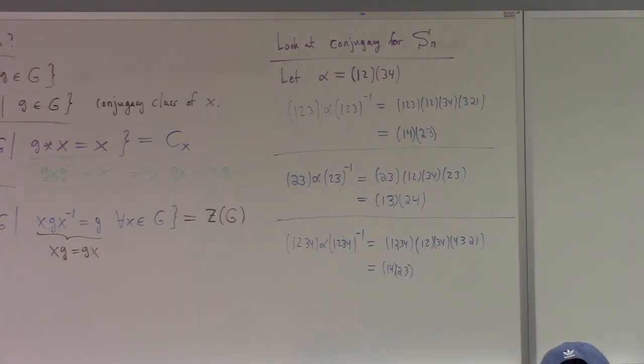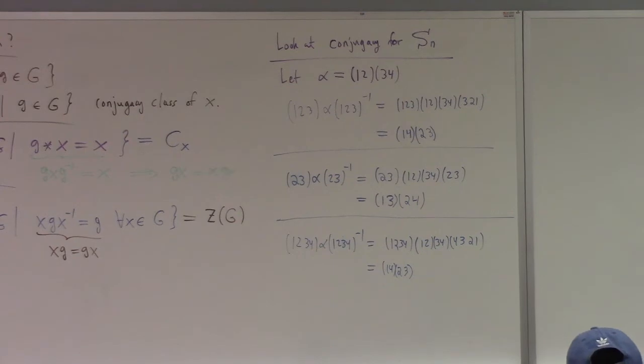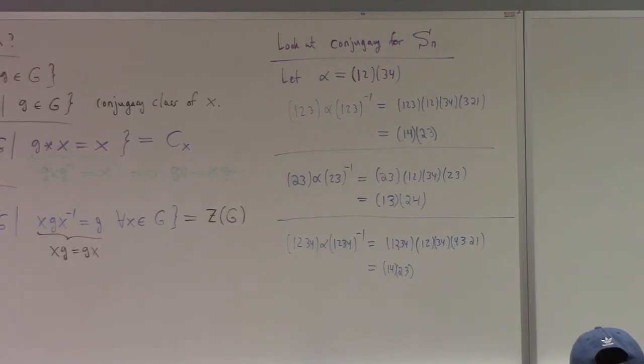Now, the reason I knew that's what was going to happen is there starts to be a pattern here. When we conjugate a cycle, what happens to it? Here, let's try something else.